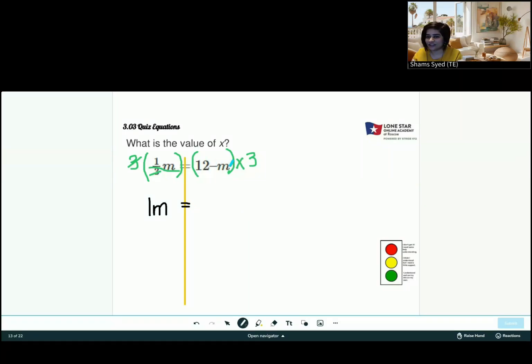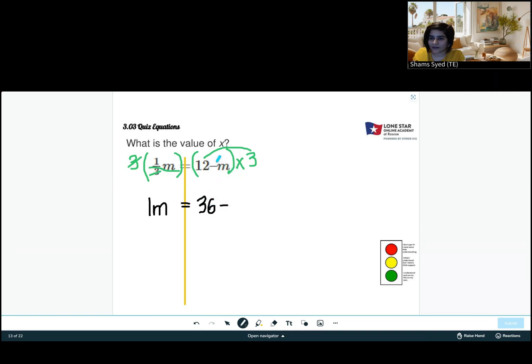Let's look at this side. Can you guys tell me what the right side will look like after multiplying by 3? Andromeda, you're partially right, dear. 3 times 12, 36. Then there's the minus sign.